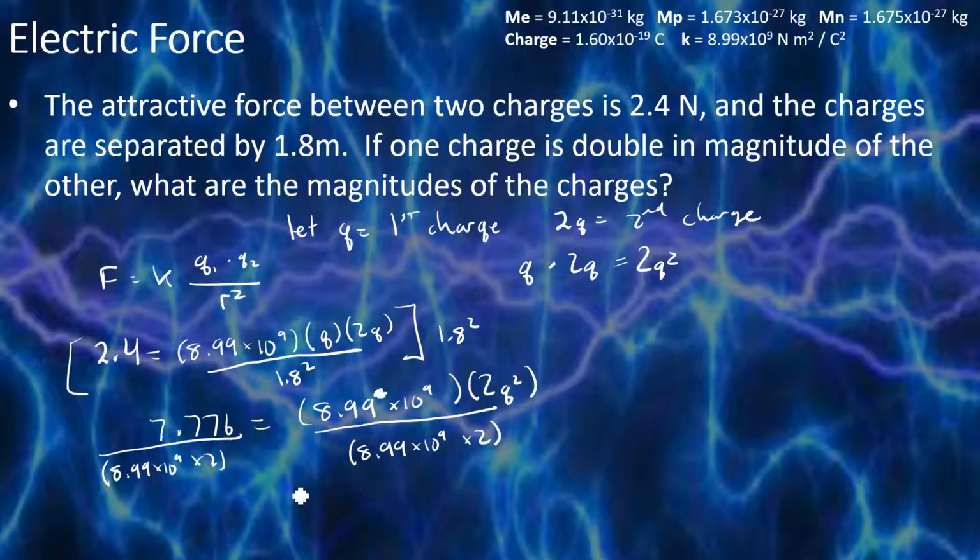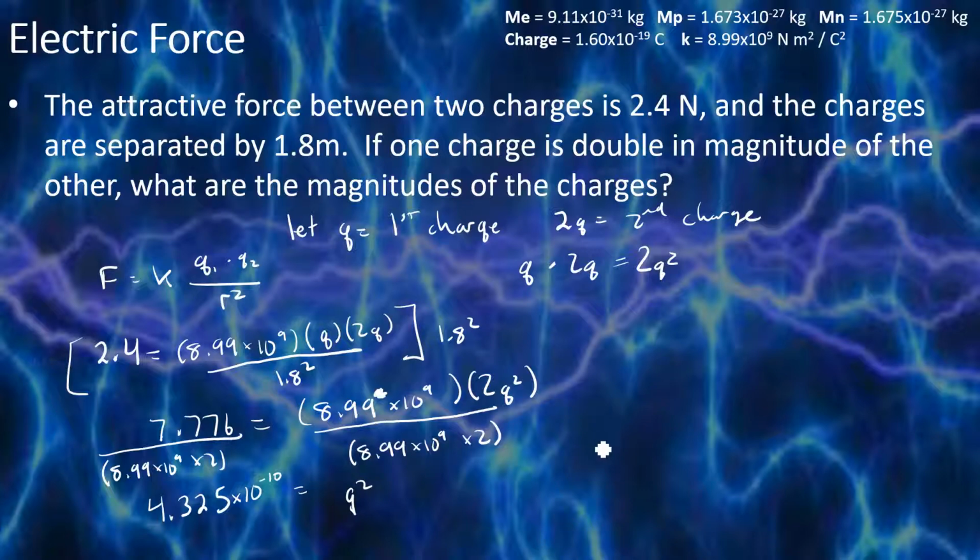But in the interest of time, right here I get Q squared equals 4.325 times 10 to the -10th. We'll square root that.